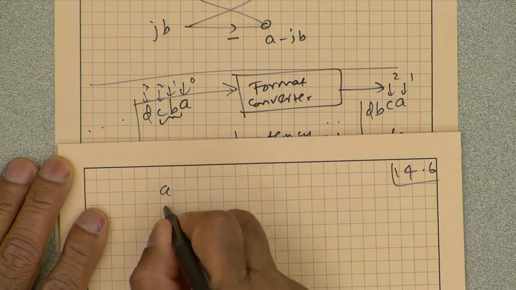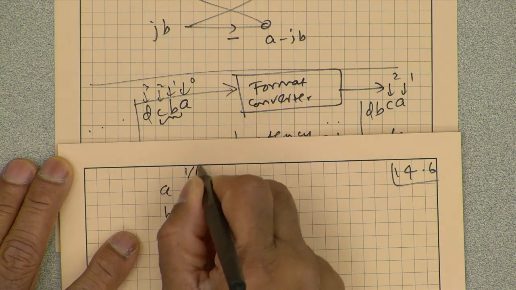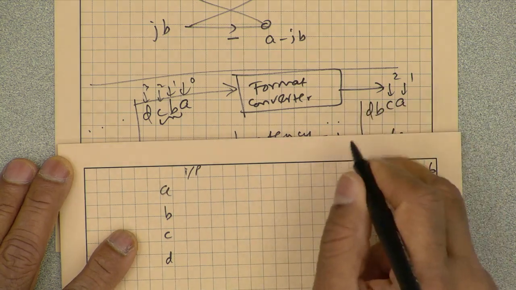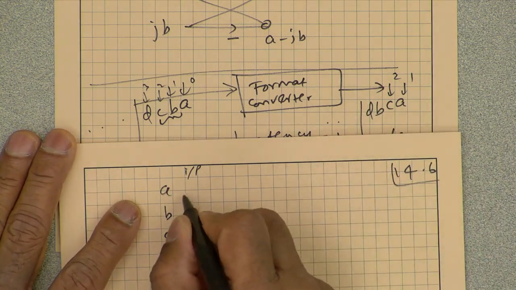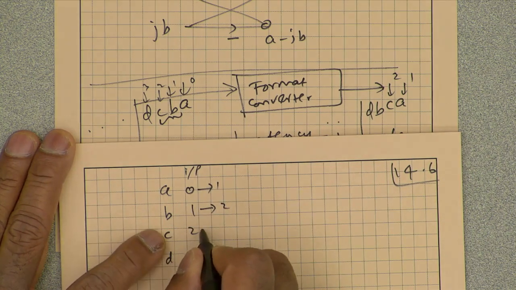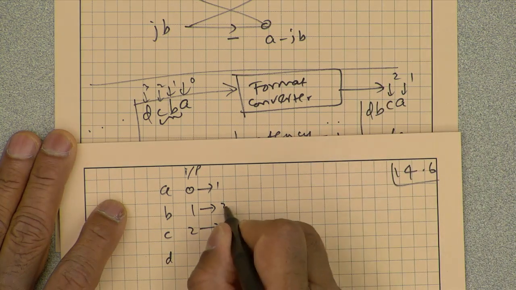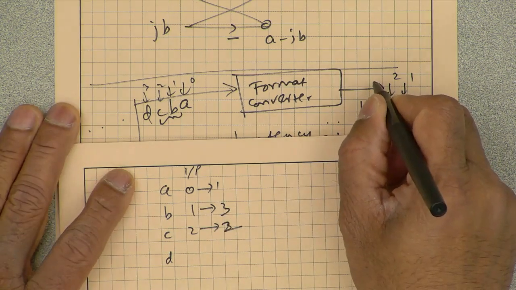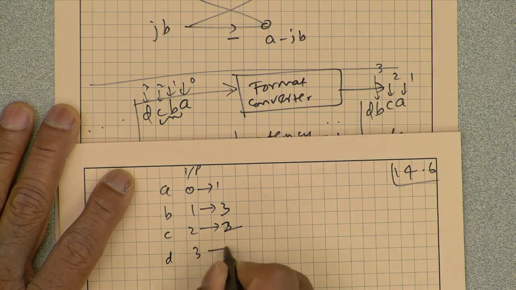so we have A, B, C, D. This is input. Well, I already know A is live. Okay, so let's see. A is live from 0 to 1, B from 1 to 2, C from 2 to 3. No, C is 2 to 2, B is 1 to 3, and D is 3 to 3.